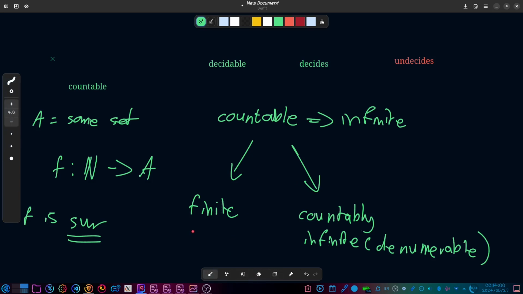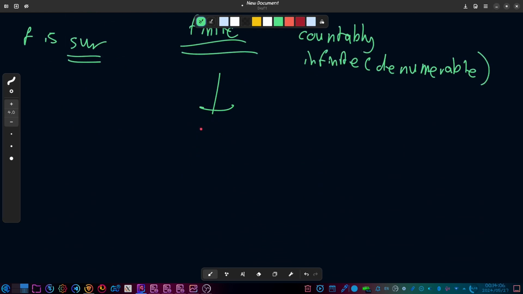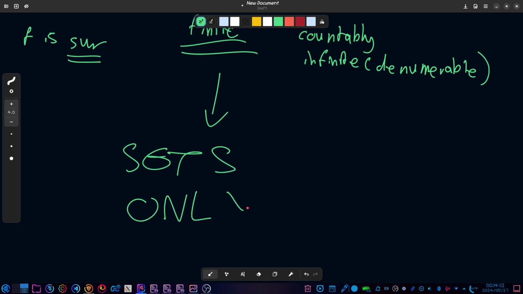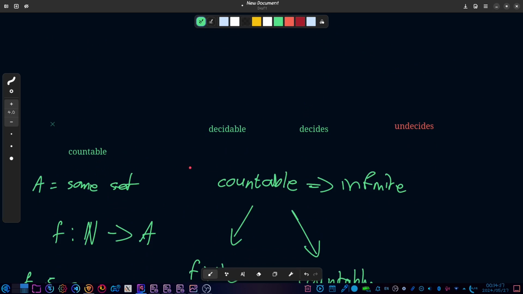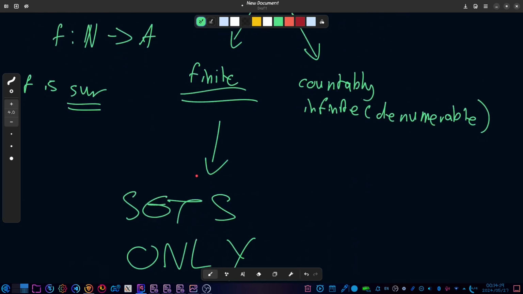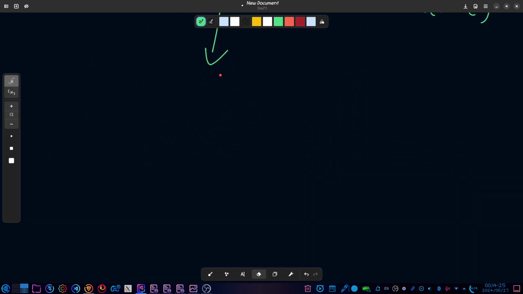When I say countable means finite, I'm referring to sets only when I'm saying this, right? Countable is a set property, right? We say sets are countable or they're uncountable, right?